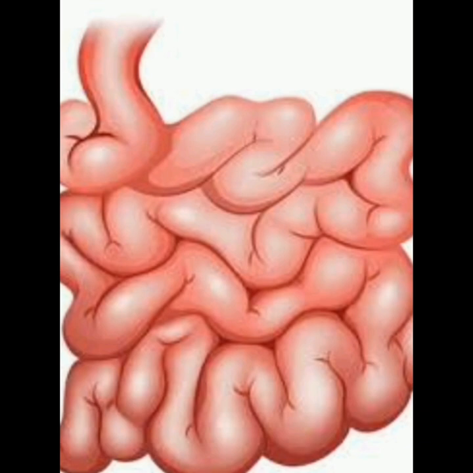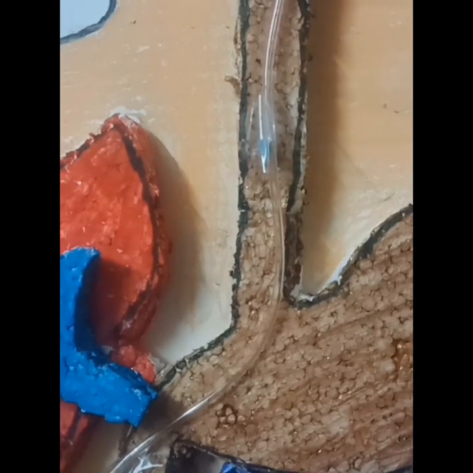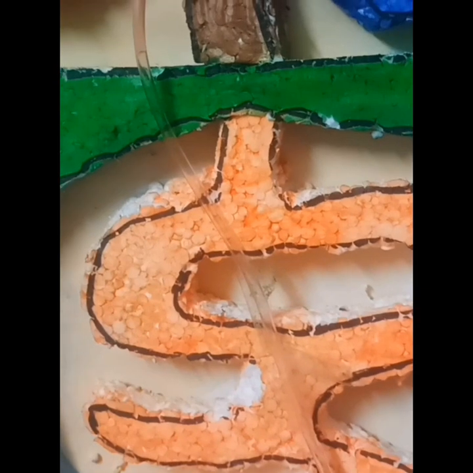Then the food enters the small intestine. The small intestine is highly coiled and it is about 7.5 meters long. It receives secretions from the liver and the pancreas. Besides, its wall also secretes juices.